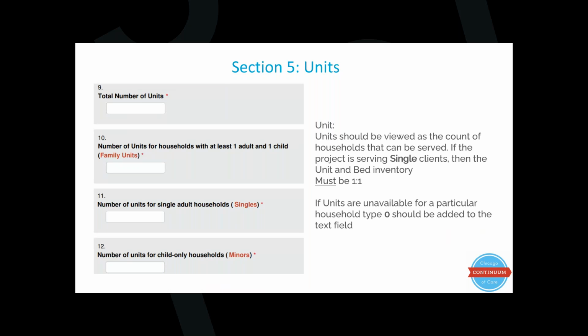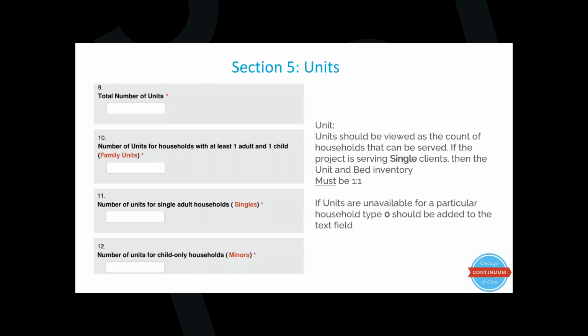The next slide, we'll talk about beds, but we're going to want to make sure that everything still aligns appropriately. So since we selected 10 units for families and 10 units for singles, when we look at our bed inventory, we're going to make sure that, again, singles must be 1-to-1. So if we have 10 units, then we're going to have 10 beds because they're 1-to-1. When it comes to families, those are not going to be 1-to-1.